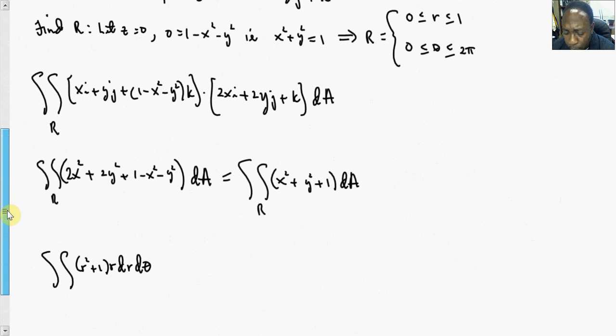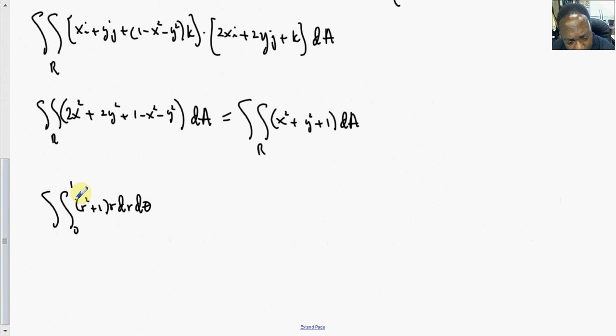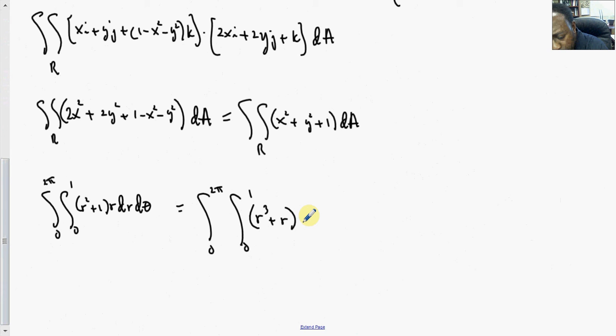R goes from 0 to 1. Theta goes from 0 to 2 pi. Simplify that again. This is r to the third plus r dr d theta.